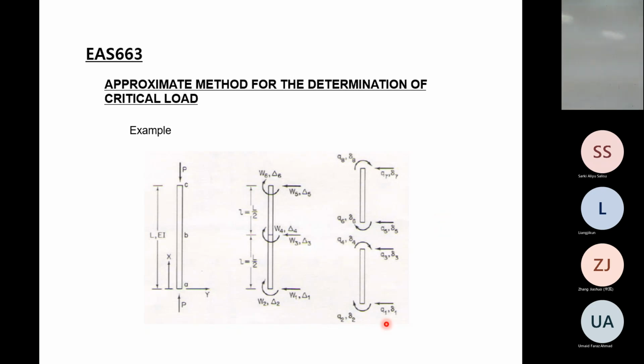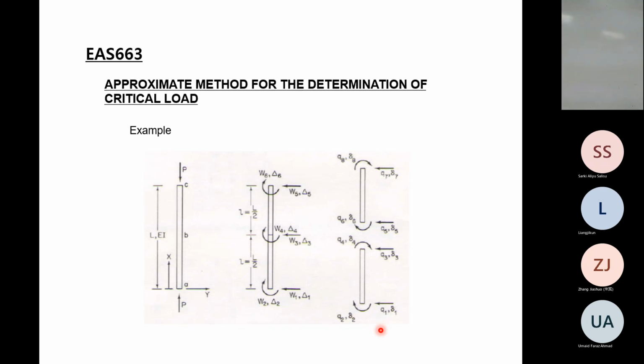And the one on the right-hand side, these are the elements, with their corresponding nodal forces, the Q, and the nodal displacements, the delta, in the respective positive directions. Now, this example that I'm going to show you has no support conditions yet.